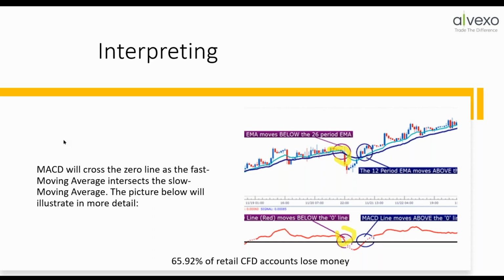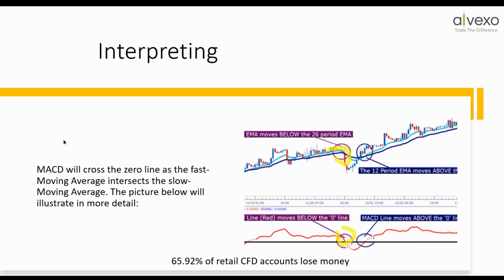Okay, for those of you who don't understand what we mean by faster and slower: for anything based on a moving average, the shorter period is always going to be the faster. The longer period of a moving average is always going to be the slower. The reason being, in this case, we're using a 12 and a 26.